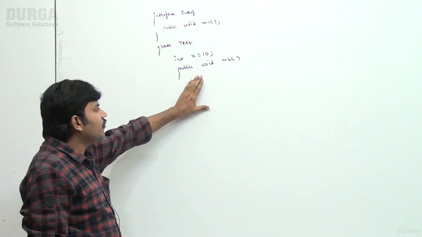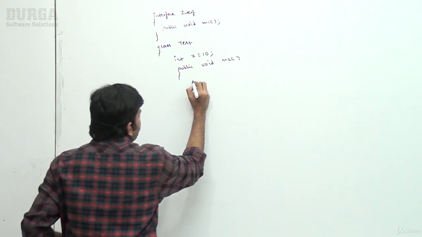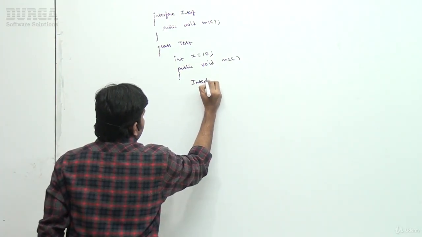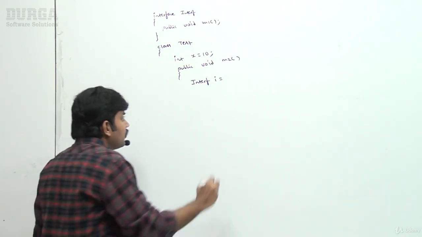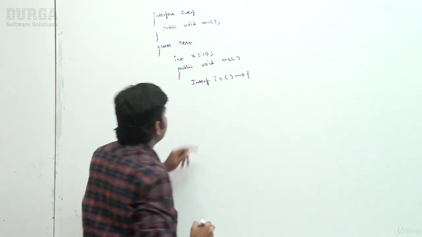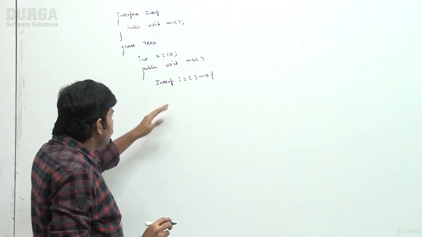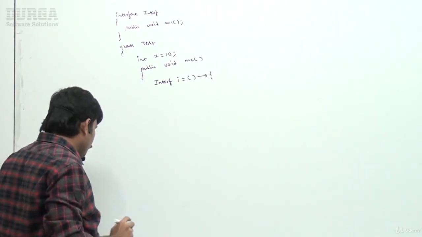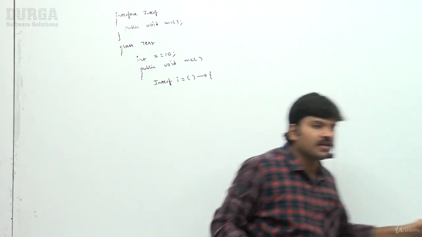Within that, I want to write a lambda expression that implements the interface. So, Interf I is equal to a lambda expression. It is always going to refer to which method? The m1 method. Inside this m2, I want to declare a variable. Take a bit of special care.